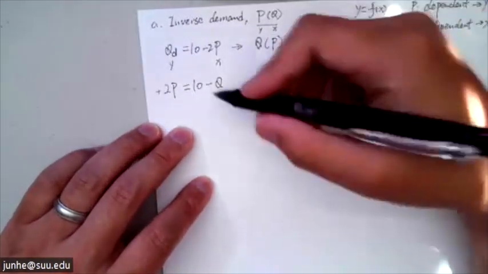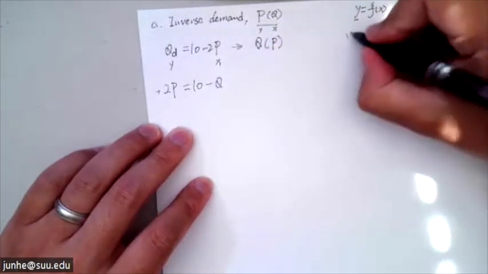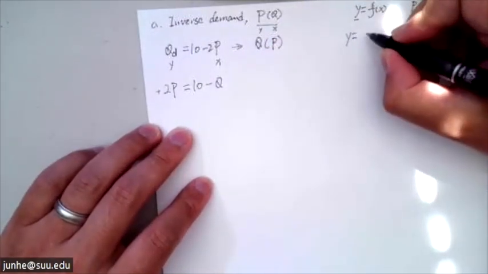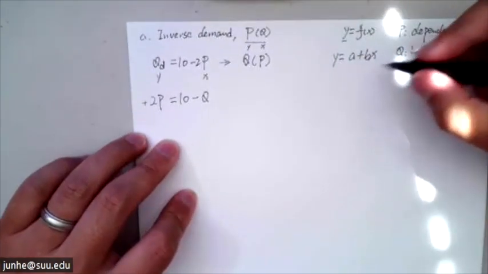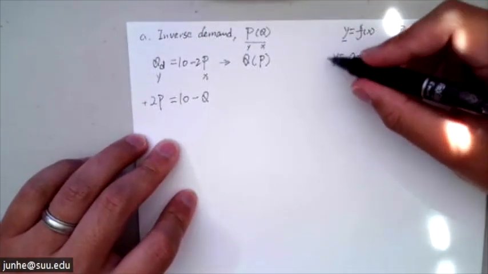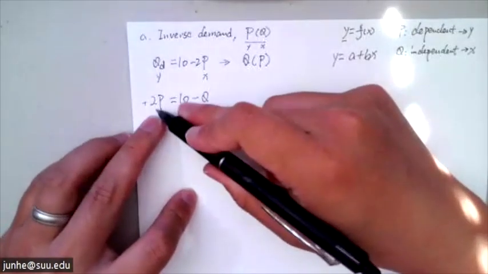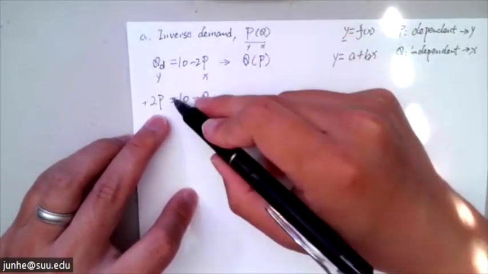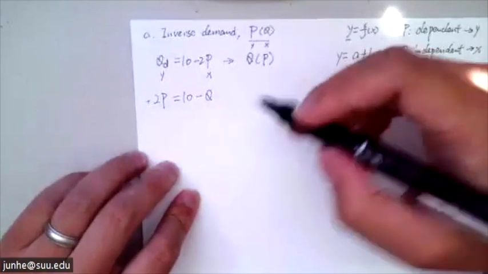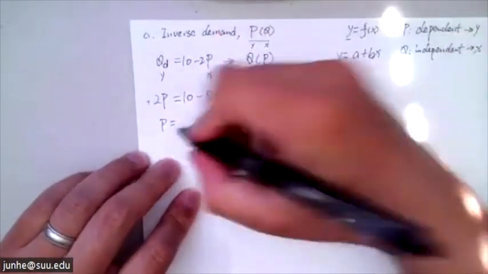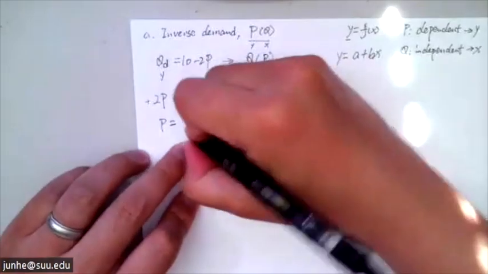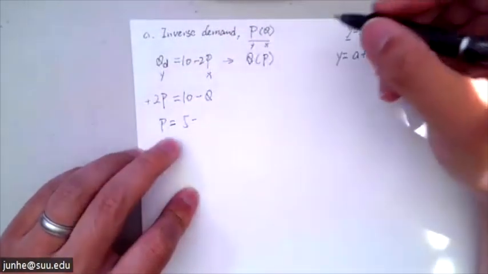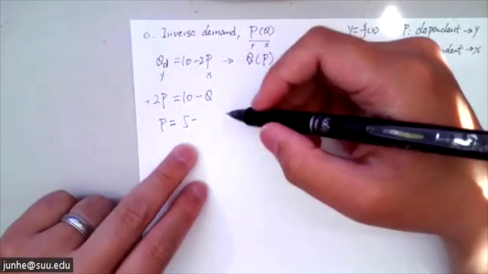Is that all? The answer is no, because we need to express this into the Y equals A plus BX format, right? So here, Y should stand alone. Here is your Y, namely P, standing alone by yourself. The answer is no. We need to divide both sides of your equation by 2 to make P here being alone by itself.